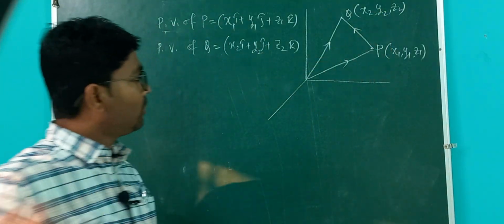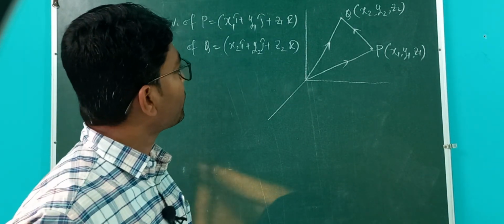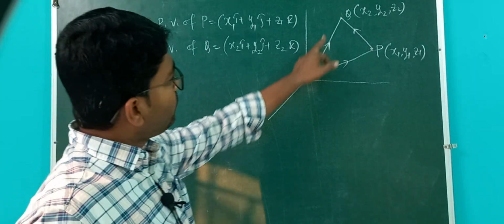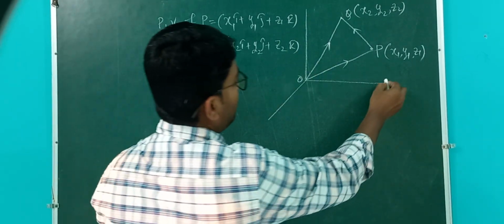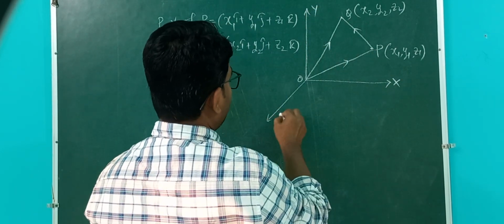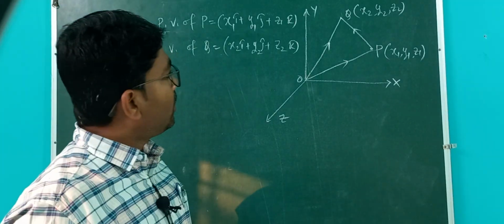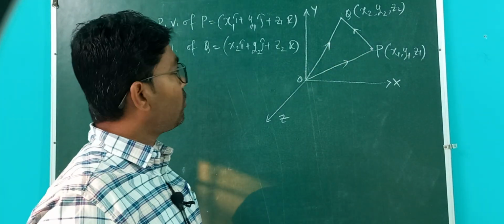This is a very common problem in any vector topic. Now we know this is a triangle, with the origin, x axis, y axis and z axis, and we all know the triangle law of vectors.